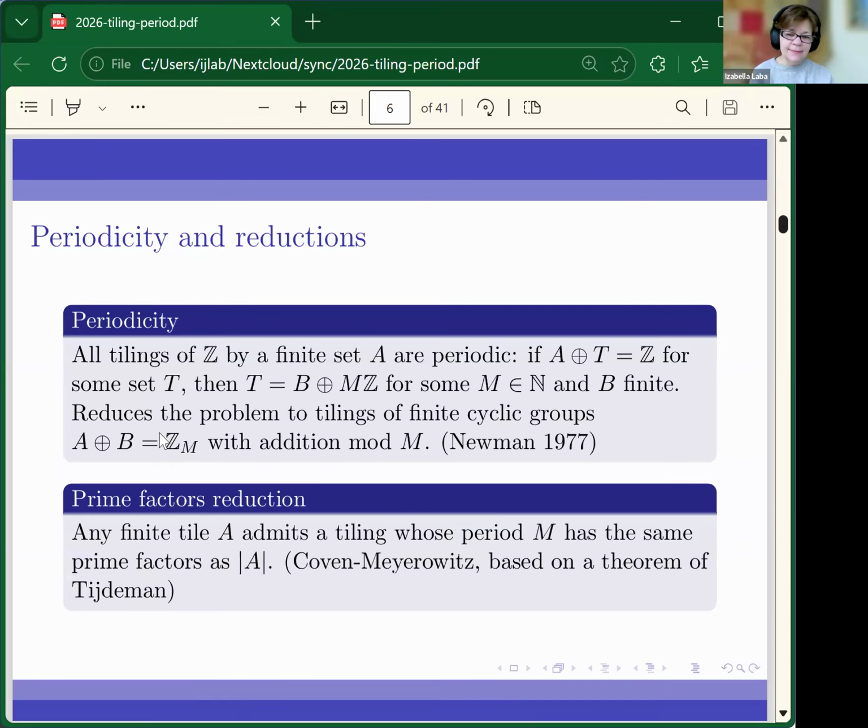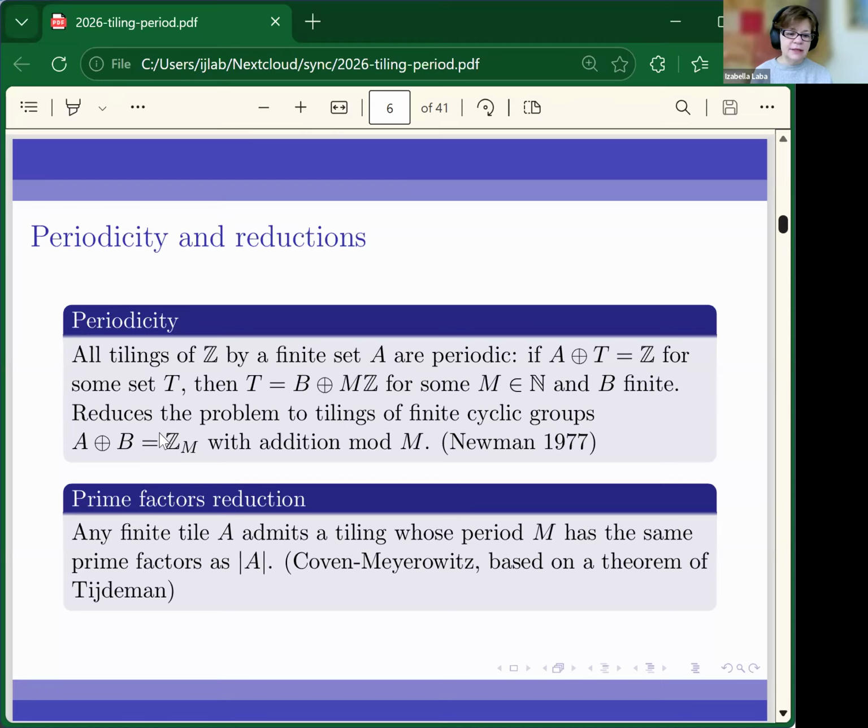talk about today. Before we do that, I want to mention one more reduction, which is that if I have a finite tile A, then the period of that tiling could be, I don't know a priori what it's going to be, but if I know that A tiles the integers, then I can also find a tiling whose period has the same prime factors as the cardinality of A. It always has to be divisible by the cardinality of A for obvious reasons.